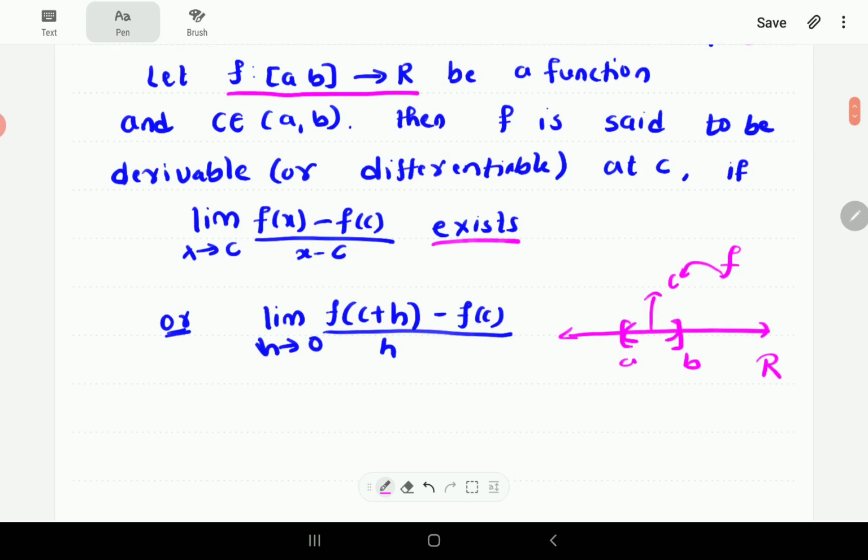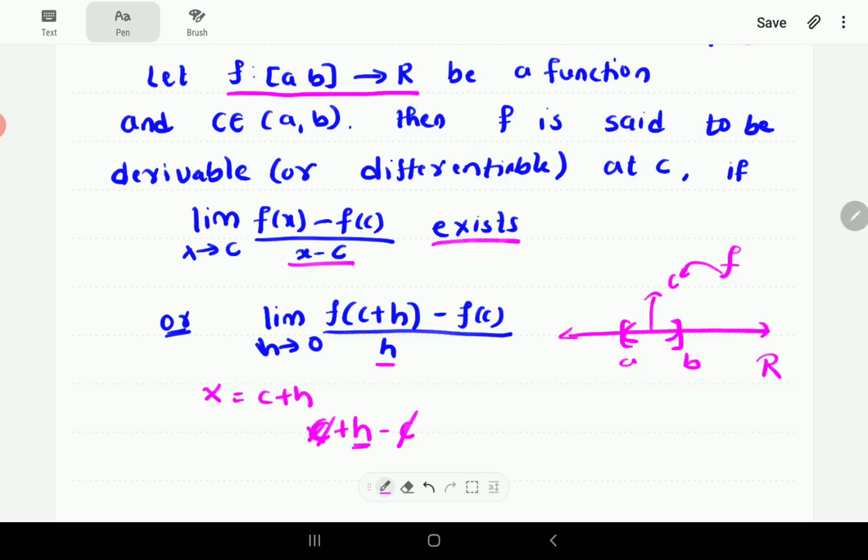Okay, in other words, when I change x to c plus h, if I put x as c plus h, then this quantity will change to f(c + h), and f(c) as it is. So x we are changing to c plus h, so this will become c plus h minus c. So c cancels, we will get h here.